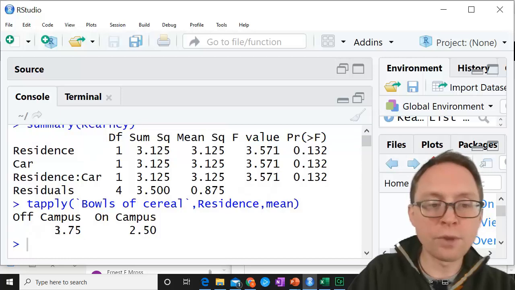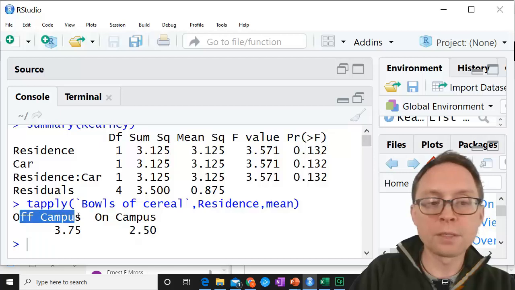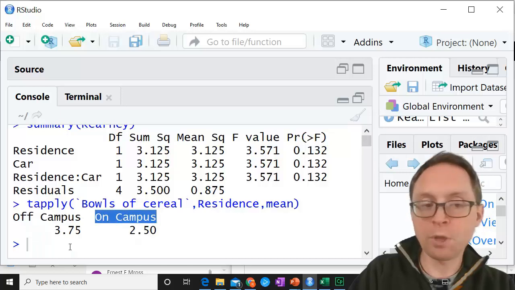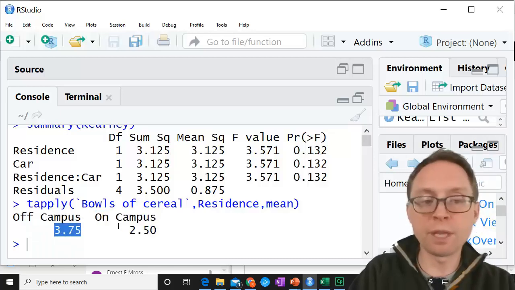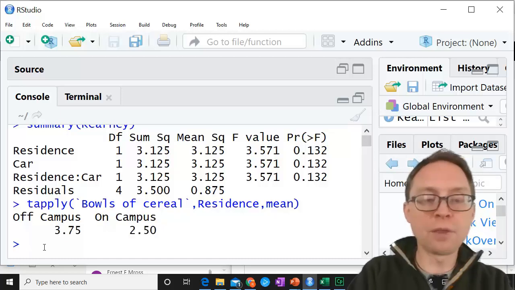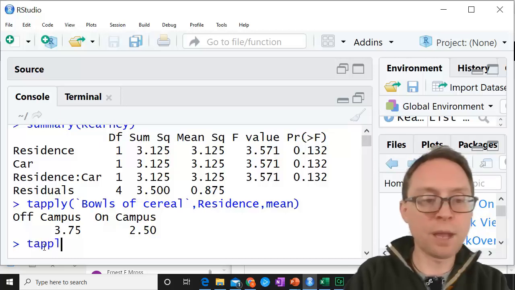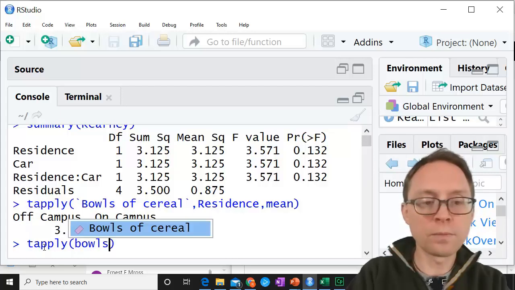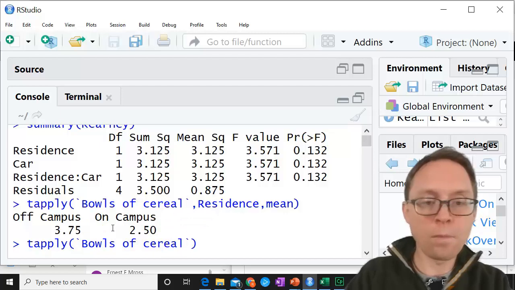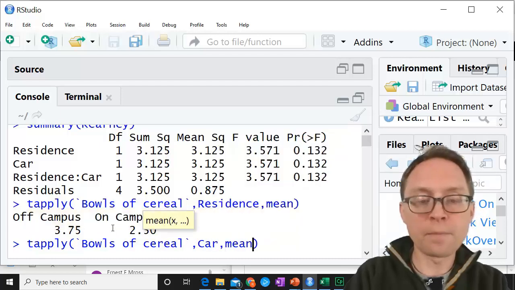These are the means, 3.75 compared to 2.5 for living off campus compared to on campus. These are the marginal means. We do the same thing for our main effect for car. Tapply, bowls of cereal, and instead of residence, car. And then I want the mean.